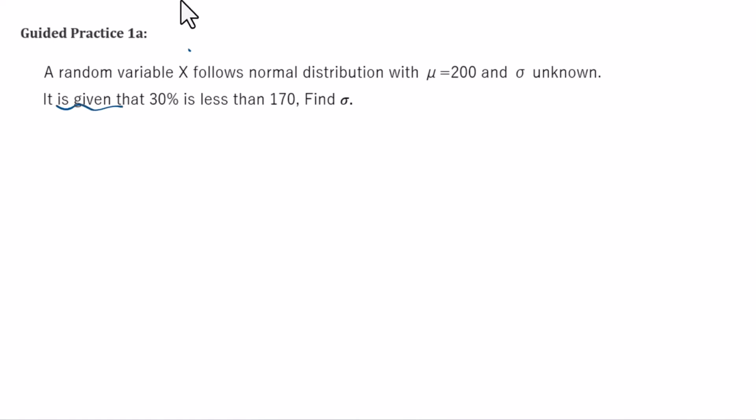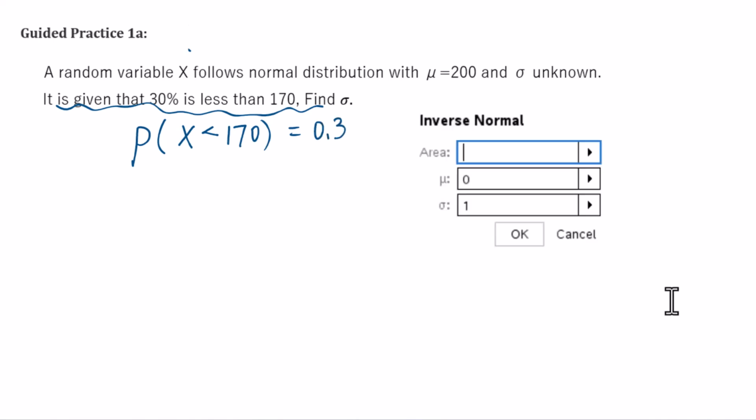Based on this information, we can write down probability of x less than 170 equals 0.3. Then go to this inverse norm. Less than means area. So we will put in 0.3 to get this Z-score.